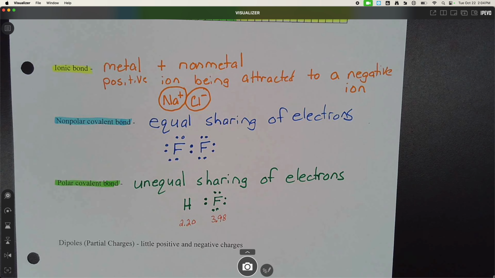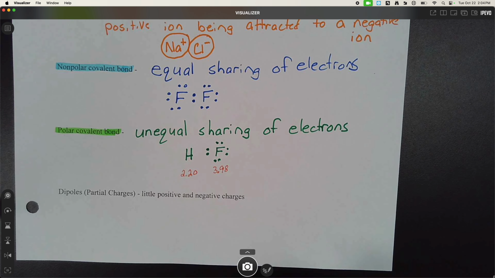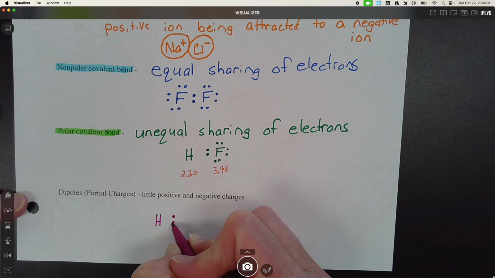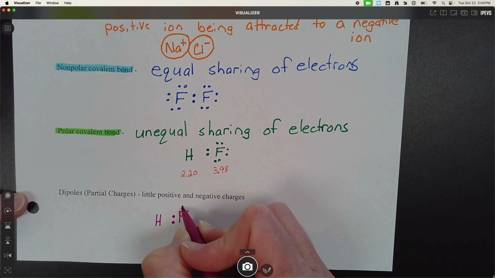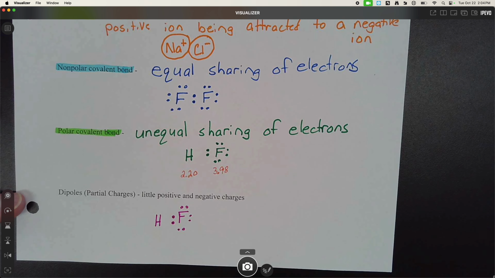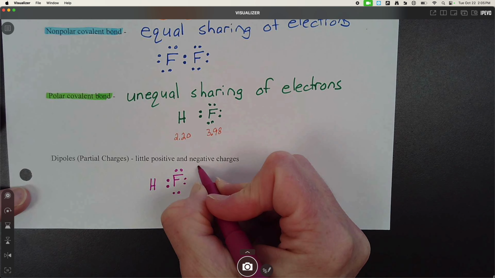The net result of this unequal sharing is something called dipoles, or positive charges. It results in your bond having a positive end and a negative end. If we look again at our HF molecule, where the electrons were shifted in the direction of the fluorine, what we see from the outside is that the fluorine end of this bond is a little bit negative, and we use the lowercase Greek delta to say a little bit.